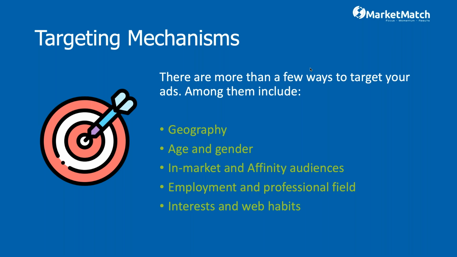With Google, we have things called in-market and affinity audiences where we're taking into consideration people's web activity and looking at what they're interested in, what they might be shopping for, and targeting consumers that way. On platforms such as social media, we can go after employment and the professional field that they are in, especially with something like LinkedIn. And we can also take a look at their overall interests and their web habits.